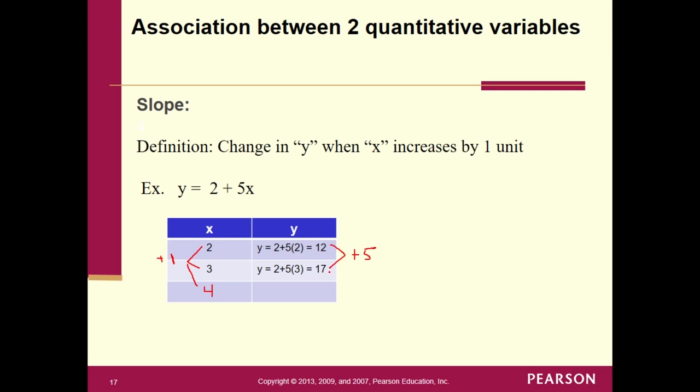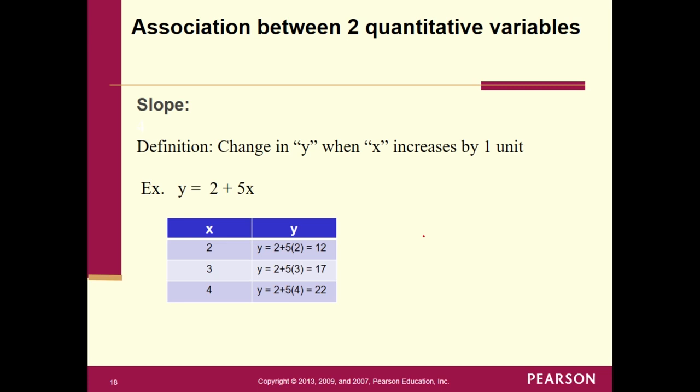It should change by 5, right? And so what are we predicting for when x is equal to 4 without even putting it in the equation? I think if we add simply 5 to 17, we should get 22. All right? There you go. So that's what slope is telling us. How much does y change by when we increase x by just 1?